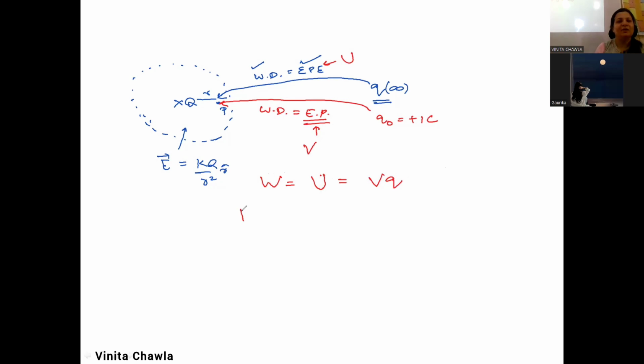Or we can write V is equal to W by Q or U by Q. This is the amount of work done per unit charge. So when we consider unit charge, work done per unit charge, then it becomes electrostatic potential. If we say work done in bringing the charge from infinity to point P, then it is electrostatic potential energy.